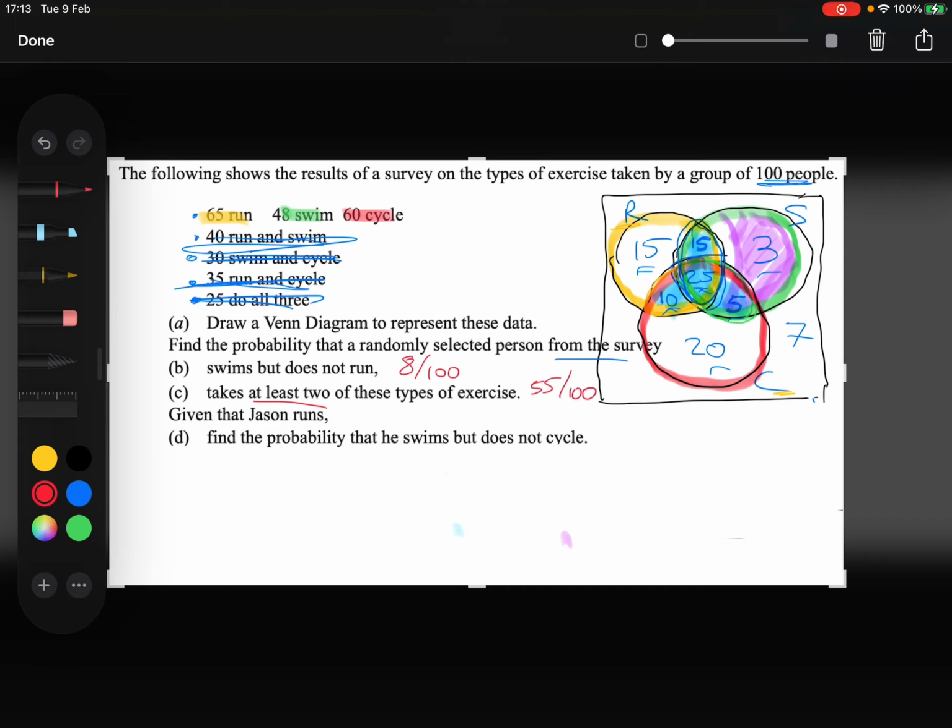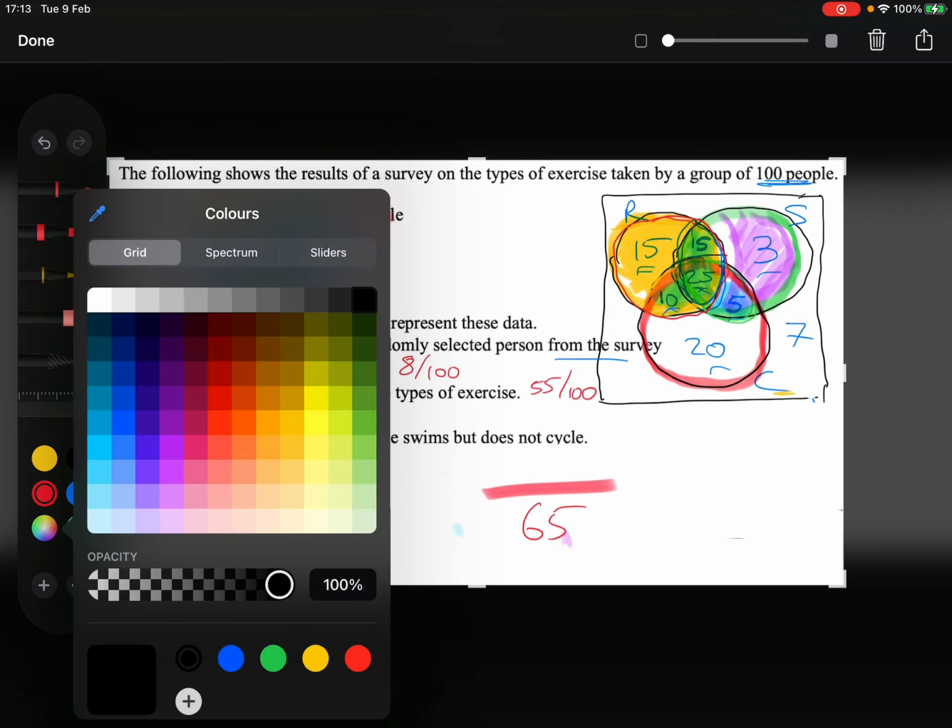And finally, for part D, it says, given that Jason runs. Okay, so I know, given that Jason runs, so I'm only looking in this category here now. I'm not looking anywhere else apart from in that yellow circle. So my probability is going to be out of 65, because remember there's 65 people in that running circle. So I'm only selecting from 65 people. And I want to find the probability that he swims but does not cycle.